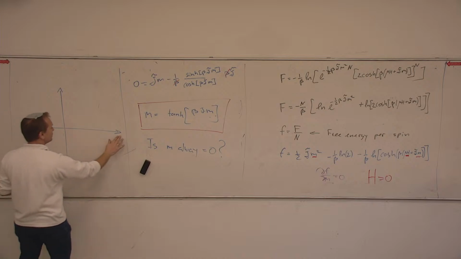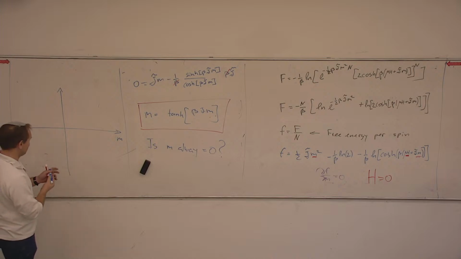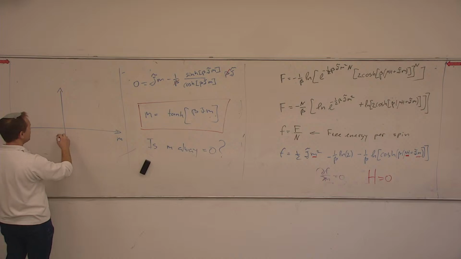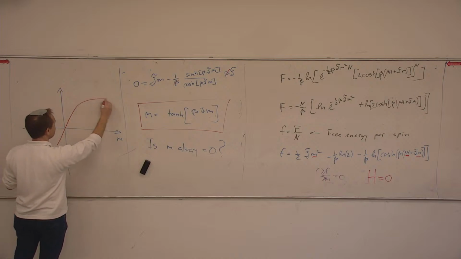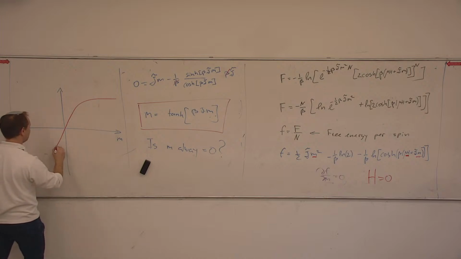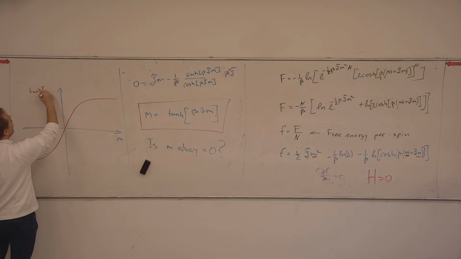So first of all, this is m, and we plot the hyperbolic tangent. The hyperbolic tangent looks something like this. This is the hyperbolic tangent of beta j tilde m.